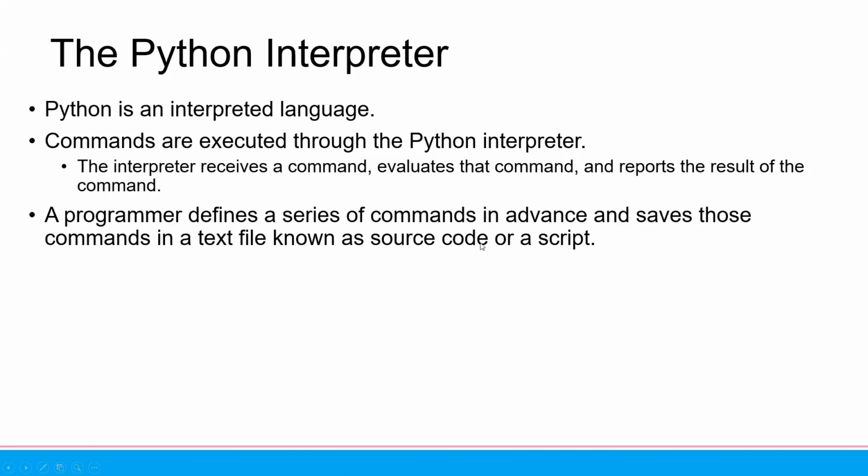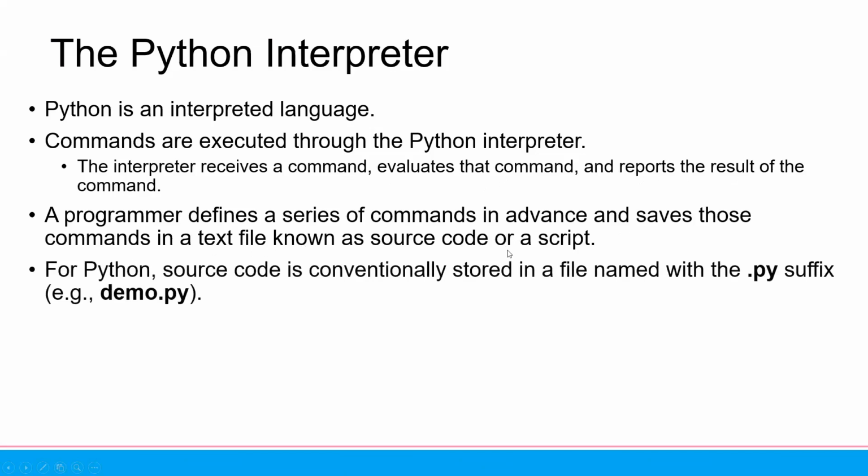You can call the text file a source code or a script. When you are using Python, the source code is conveniently stored in a file named .py. Let's say if you make a new file demo.py, then it is a Python source code.